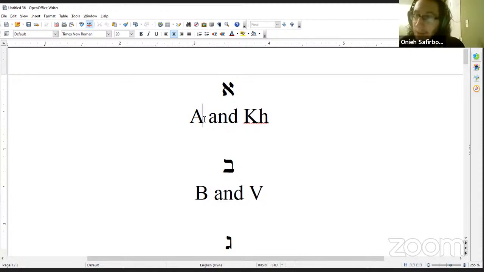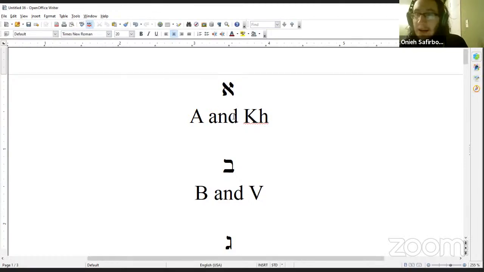At the end of that vowel, ah, it has a KH sound. It's a faint sound when you're saying it quickly in English, but if you say it slowly, it ends with a KH type of sound.